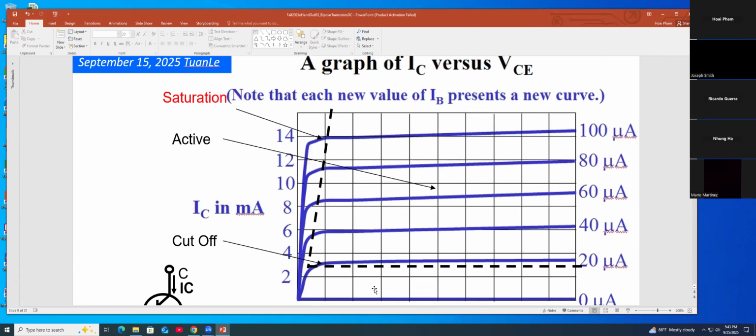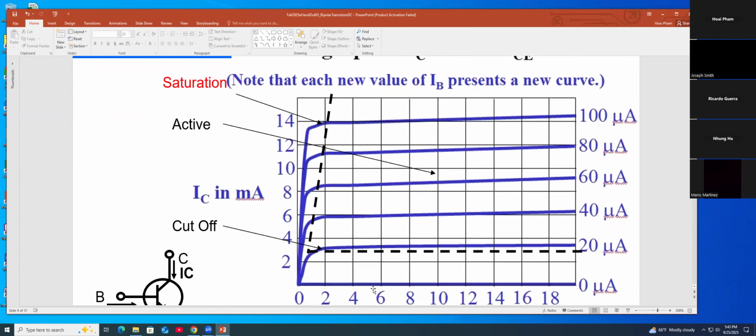And make sure when you're looking at that display, try to understand. First thing, on this side here is the current IC, you see that?